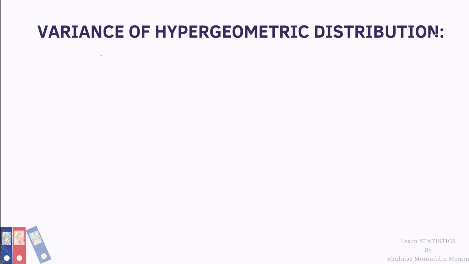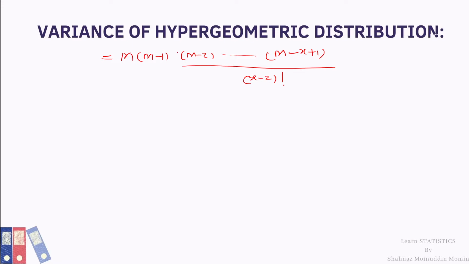m into m minus 1, m minus 2 up to m minus x plus 1, divided by x minus 2 factorial.